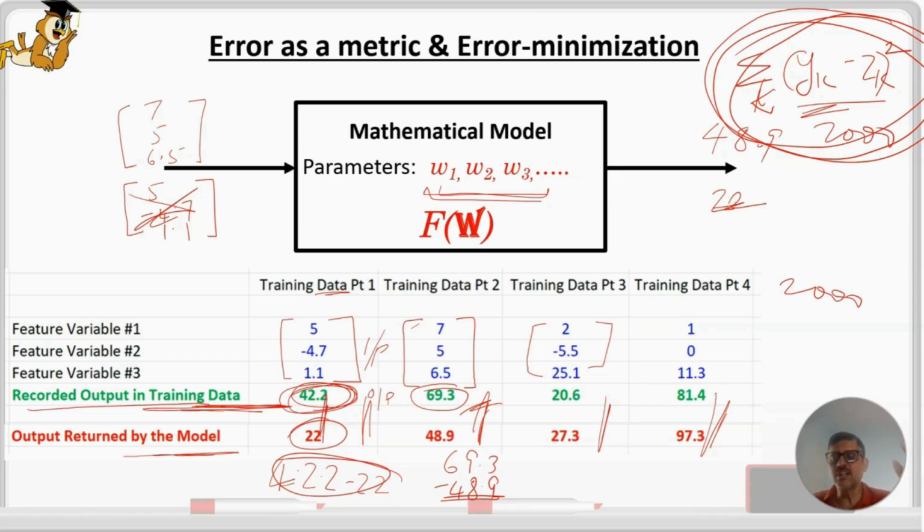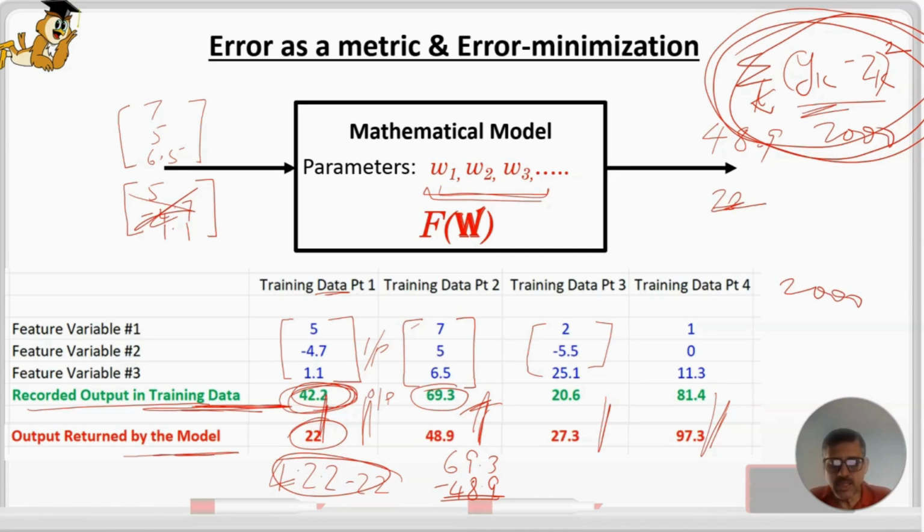This is the definition of mean square error. And it's a good metric to use, because if you minimize this mean square error, you are essentially making sure that the recorded outputs and the outputs returned by the model are as close to each other as possible, which is what you want, right?